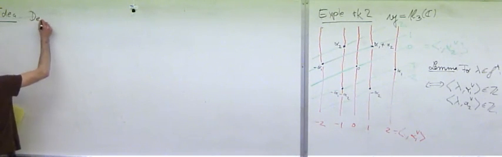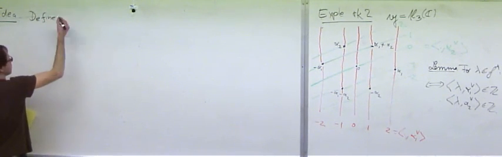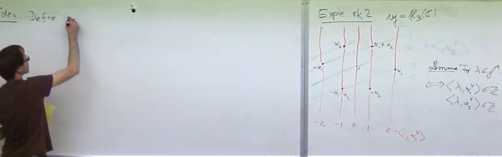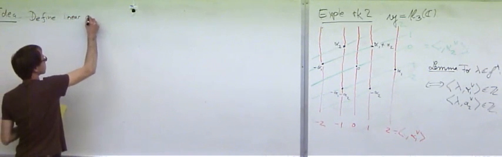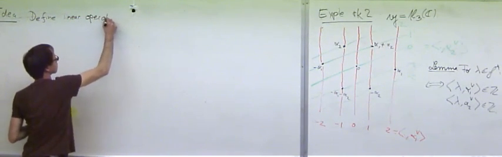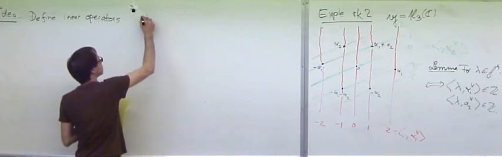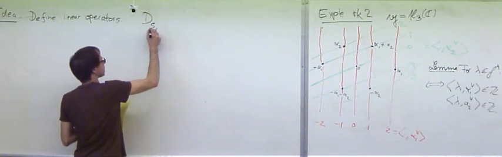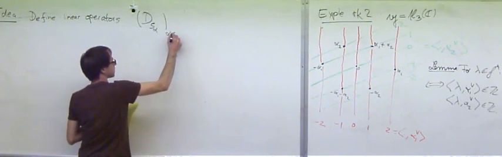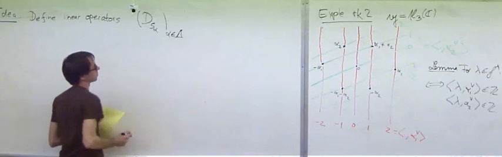So we define linear operators D_α, where α is an element of the base.